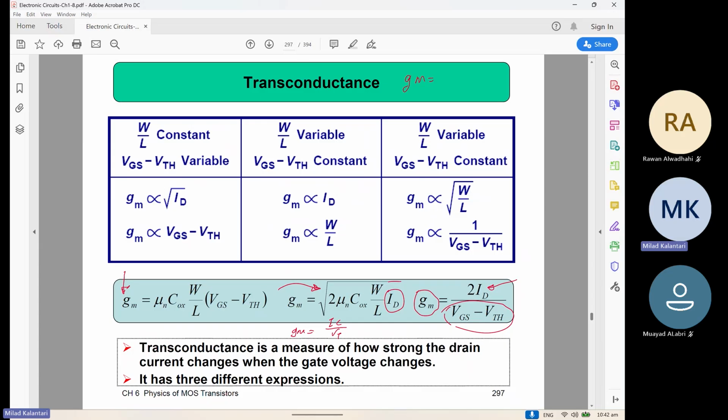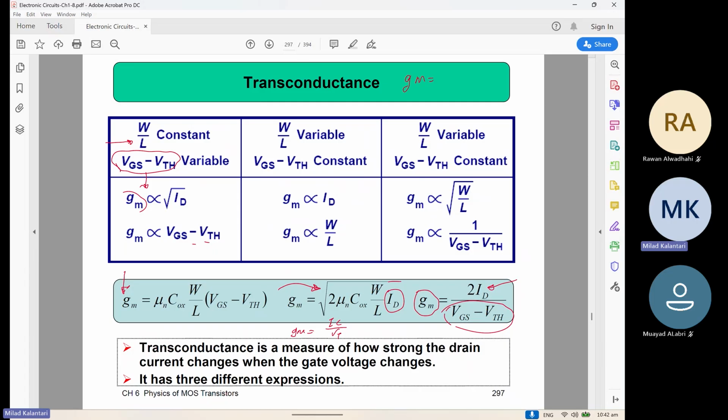We can assume that W per L is a constant for a device, and then we have the option to change the VGS minus VT as the input. So we can control the GM: the GM is proportional to the square root of the ID, or the GM is proportional to the VGS minus VT.